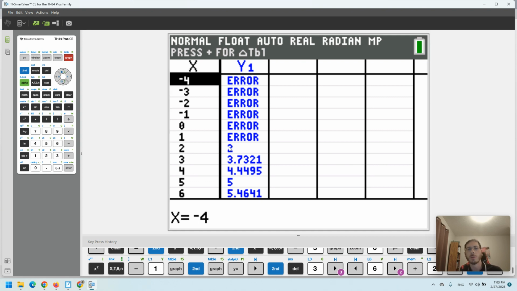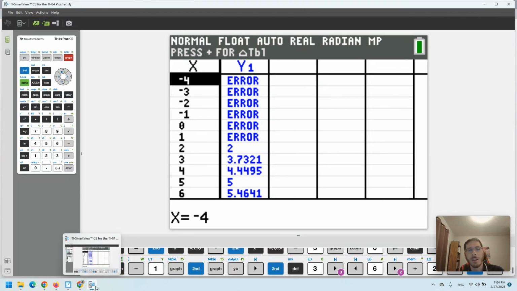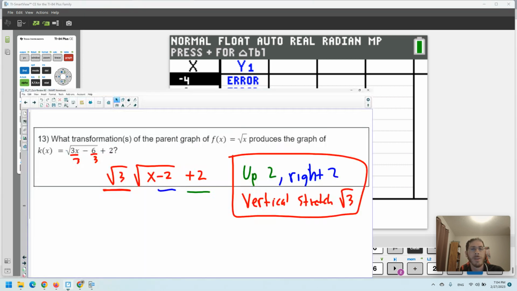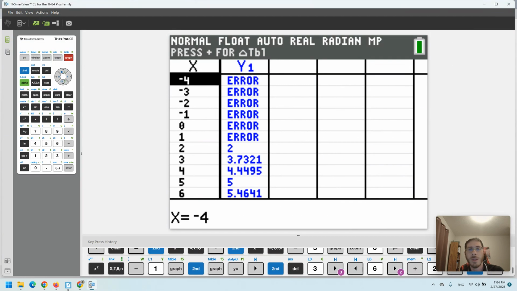But normally what we would do is go over 1, so we would go from 2 to 3.7321. Now, again, that's not a very nice value for a. That's because the value for a here is square root of 3, so it's not a really nice number.